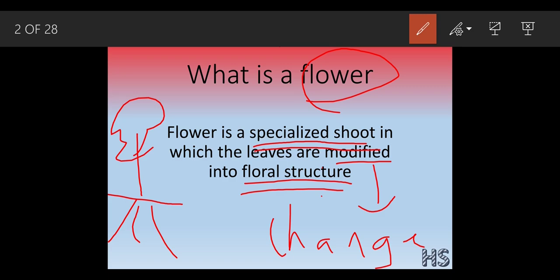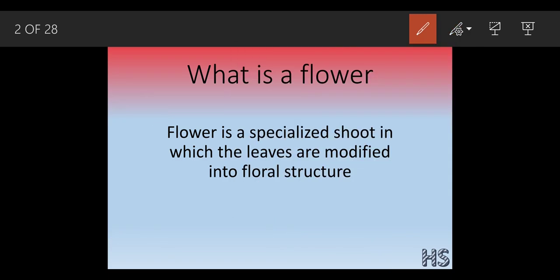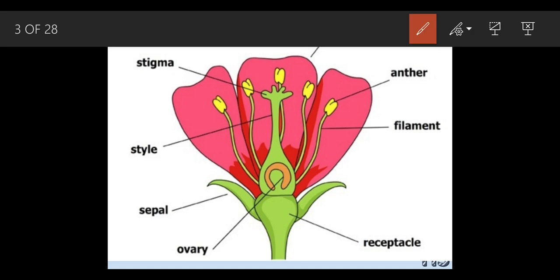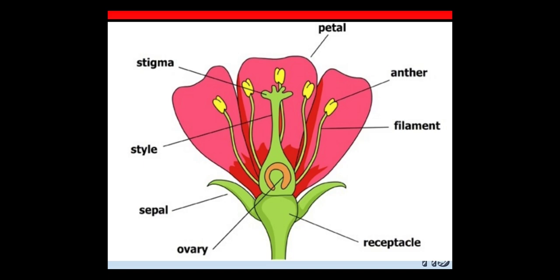Let's move ahead. See here, if you look carefully, there is a petal, anther, filament, receptacle, ovary, sepal, style, stigma, various parts we can see. Let's understand them in detail.